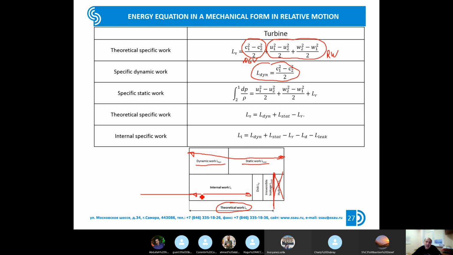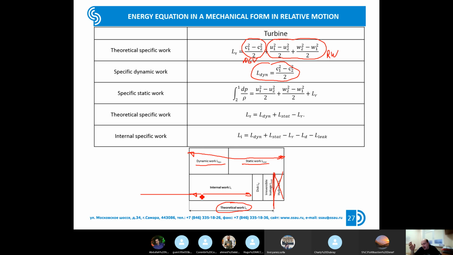So, I think that's all for the energy equation in mechanical form in relative motion. Do you have any questions dealing with such an equation? You see it's a very important equation, and we make a lot of conclusions dealing with turbomachinery. We discussed the energy exchange process in the stage of the compressor and in the stage of the turbine.